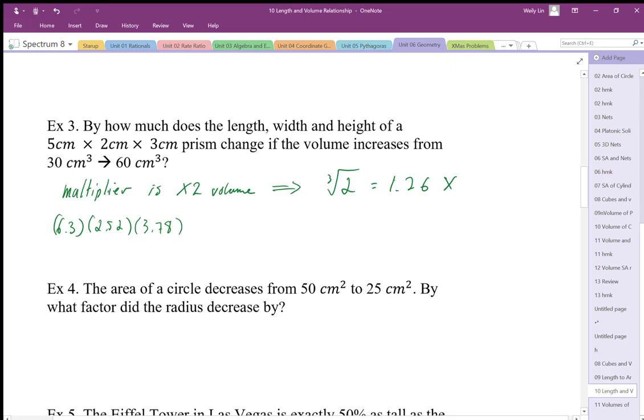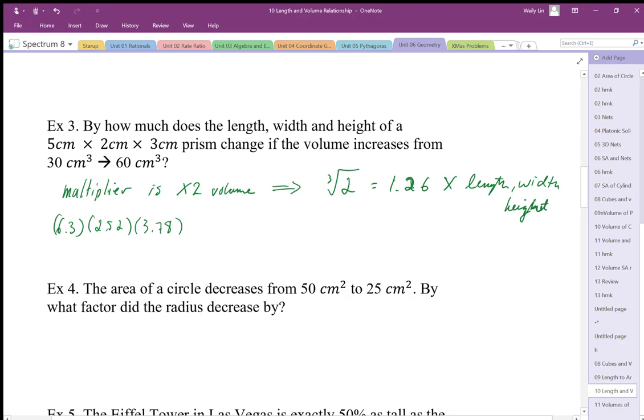Okay, so I'm using that multiplier of 1.26 times the length, width, and height. This should confirm my doubling of the volume from 30 to 60.